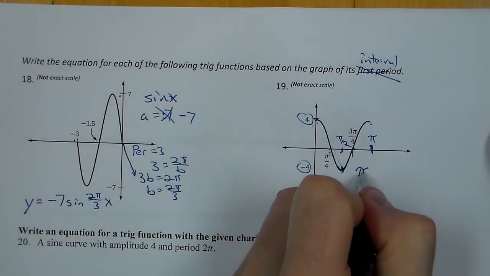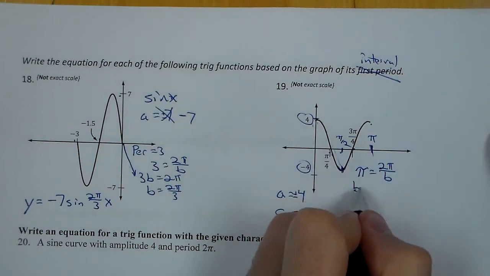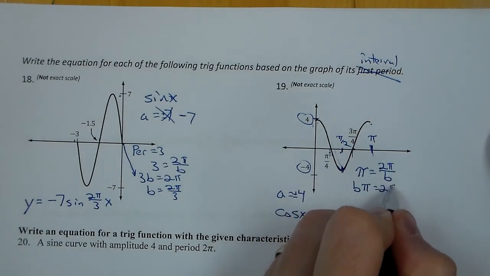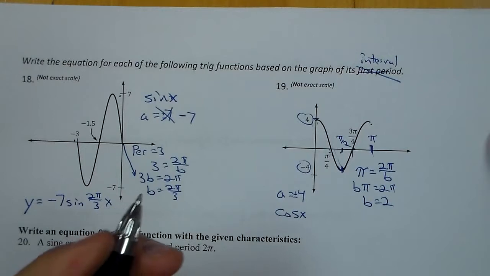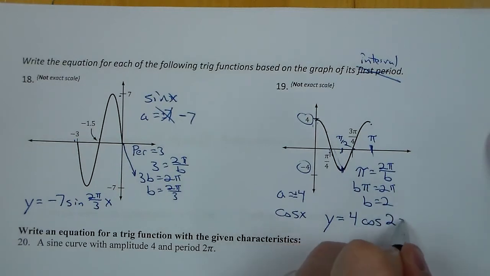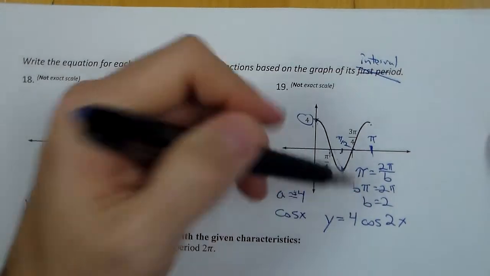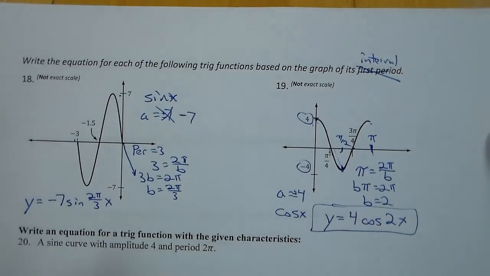So now I can say pi is equal to 2 pi over b. We get b pi equals 2 pi, or b equals 2. Now I can see my equation is going to be y equals 4 cosine of 2x. I'm going to take the positive because it starts at the maximum, and this is my equation.